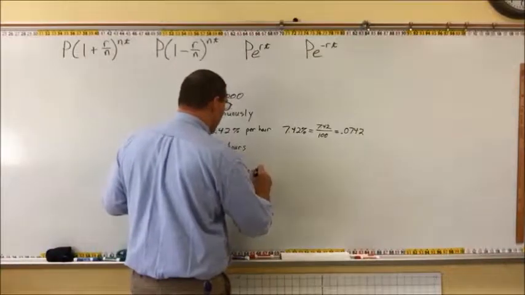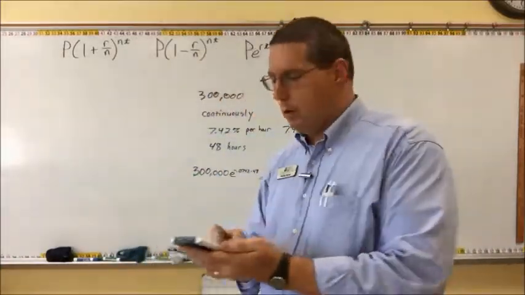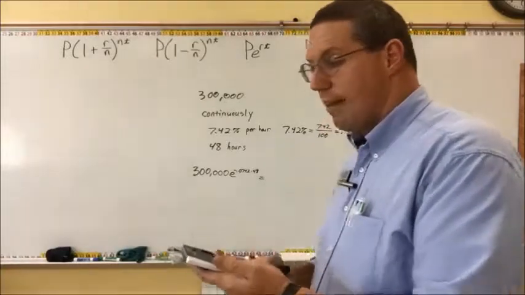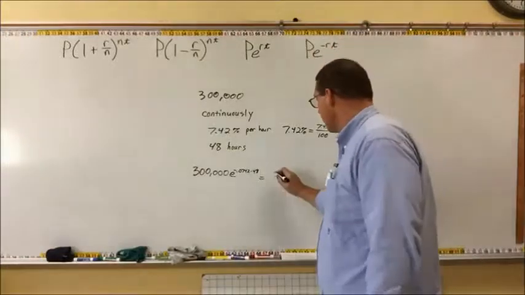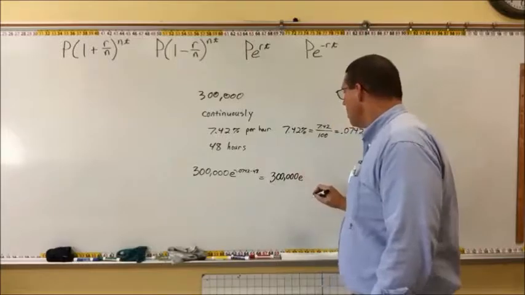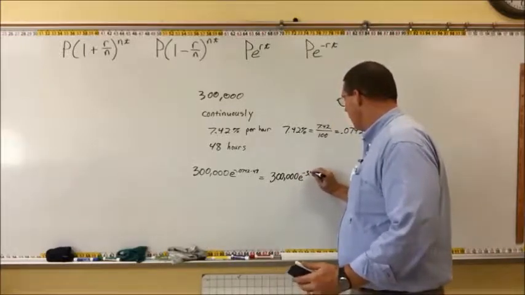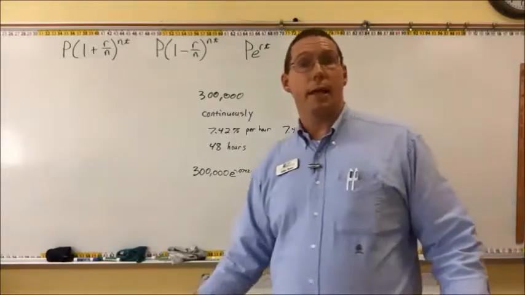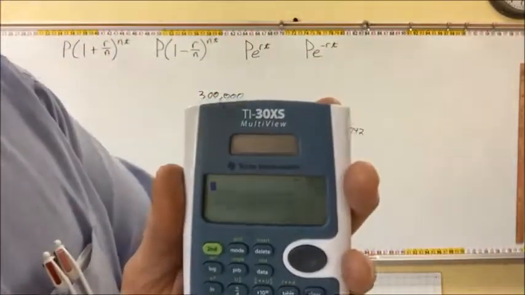So times 48 equals. So let's simplify this. Let's do negative 0.0742 times 48. That gives us negative 3.5616. So this is going to be 300,000 times e to the power of negative 3.5616, which we can just plug into the calculator. So let's see here. We'll do 300,000.